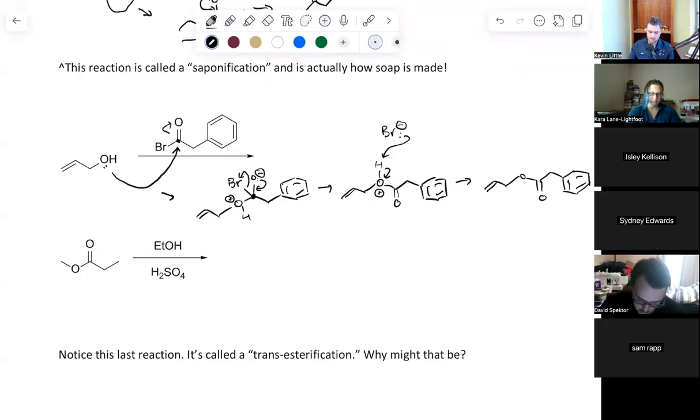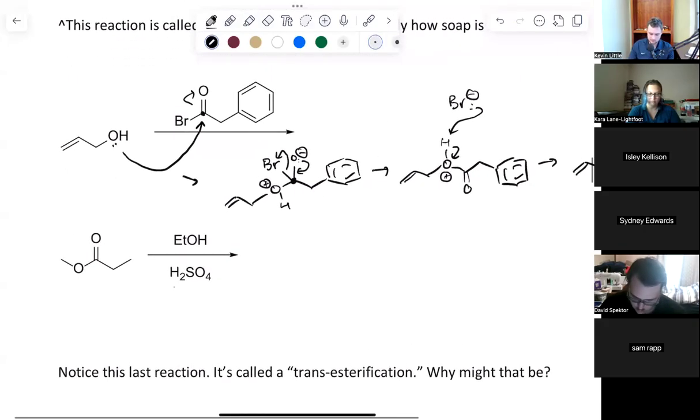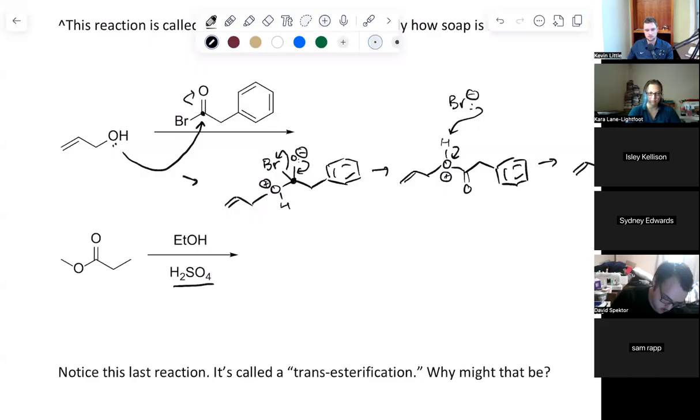All right, so this one adds just a different step, right? Notice I've got an acid. So step one is always dealing with the acids or bases. So acids protonate electrophiles.